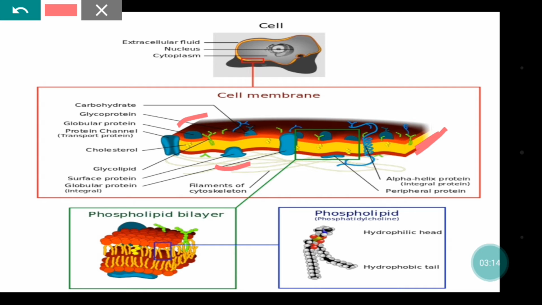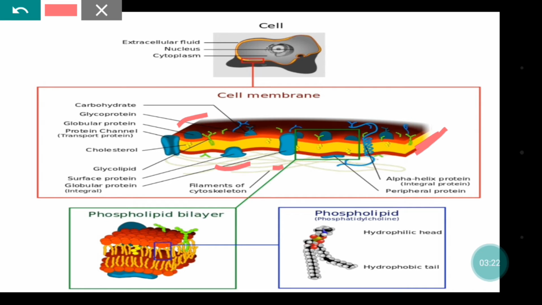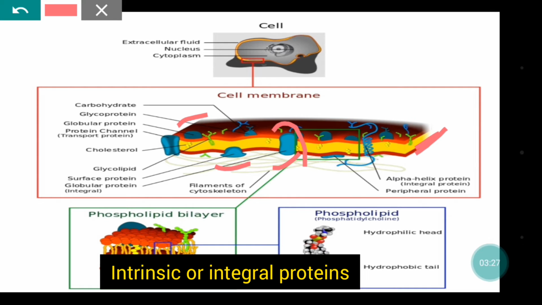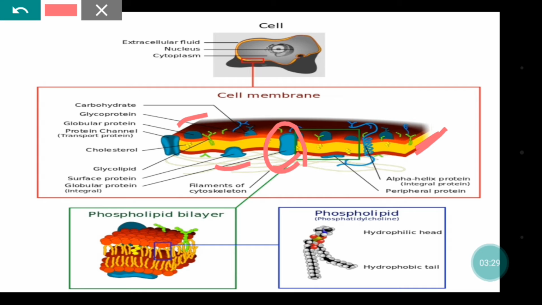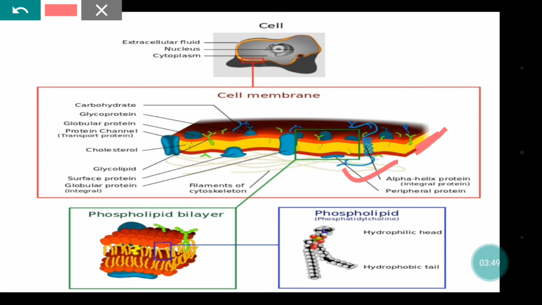That's why it is known as extrinsic protein or external protein, whereas this globular protein is integrated across the two layers of phospholipid. That's why it is called integral protein. And another protein is this one. This one is the fibrous protein.